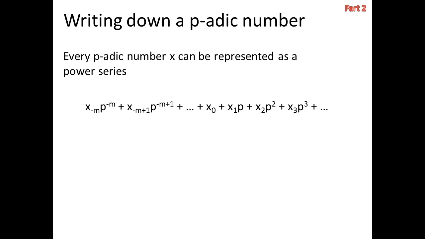Now, of course, a bunch of the x_i's could be 0 up to some point, or perhaps m is actually 0 and we start at x_0. This is just the general representation of a p-adic number, and in order to see this, we look at the sequence of partial sums, and we see that this forms a Cauchy sequence with respect to the p-adic metric in Q. So this is indeed the most general representation of a p-adic number.